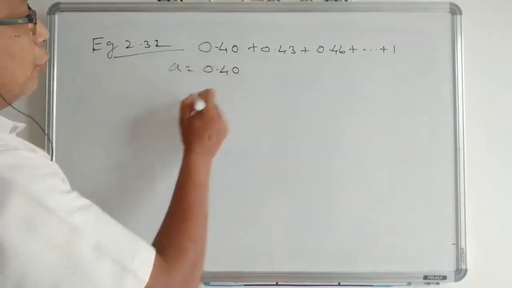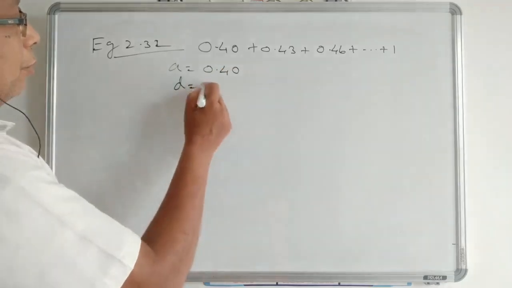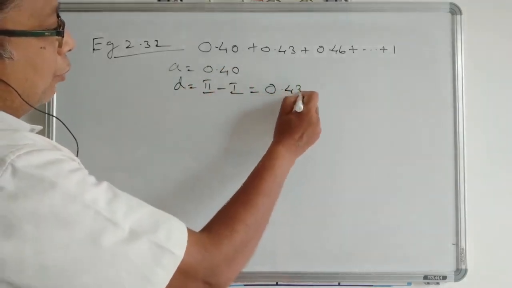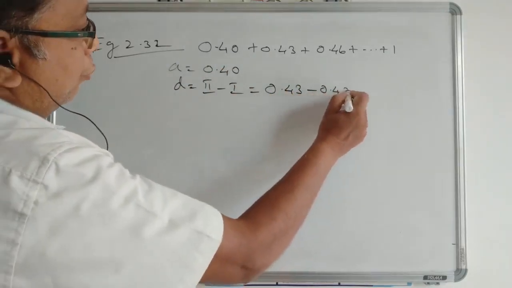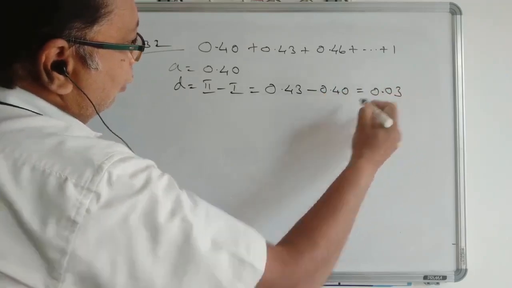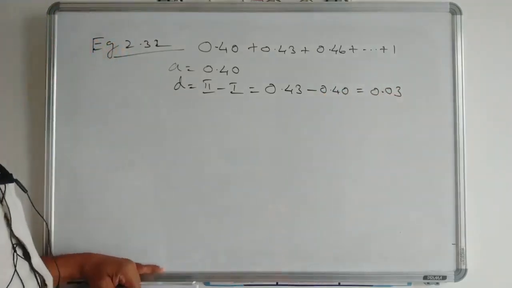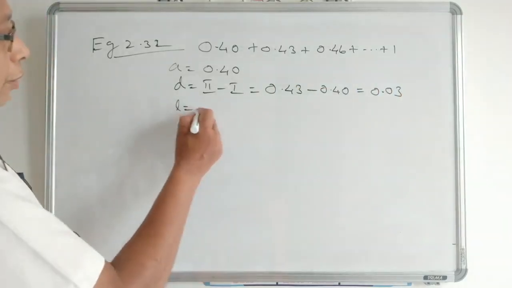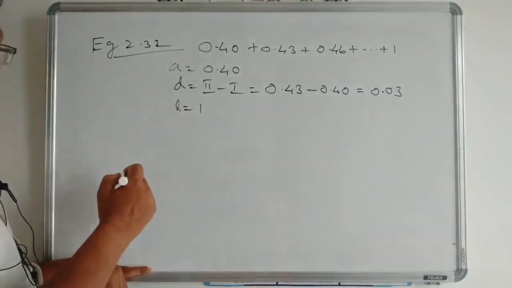Now we write the a value, that is the first term, a equal to 0.40. The d equal to second term minus first term, 0.43 minus 0.40, so the difference is 0.03. Next, the last term l is 1.